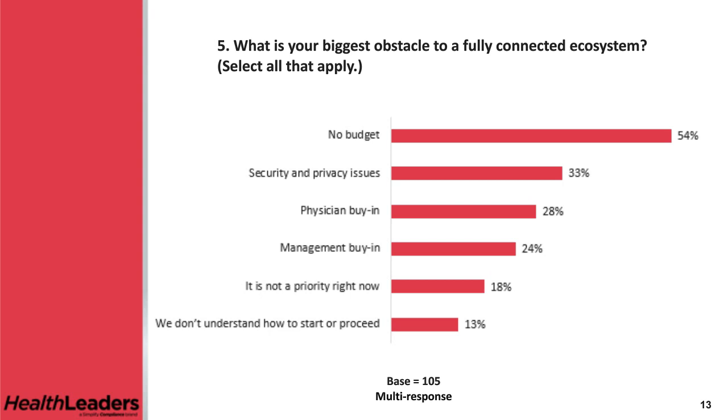So a significantly higher percentage of nonprofit respondents are citing no budget, and it may simply be that they don't have a budget. But again, there's a pretty clear correlation with those respondents.